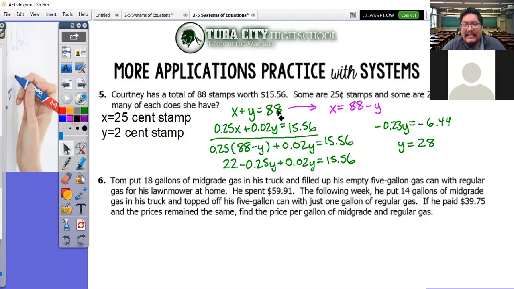Well, that's easy. Just take 88 minus 28, and that should be how many of the other stamps you have. Because 28 plus 60 is 88. And we can check it: 8, 0, 2, and 6 is 8, so that would be 88. So we don't need to plug it back in. We actually got our answer without having to do a whole lot of work.